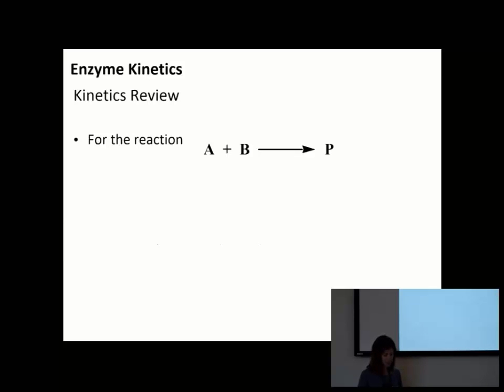My background is drug discovery, pharmaceuticals, so what I used kinetics for is to tell me about the mechanism by which a drug would bind to a protein. Kinetic studies can do that because it's going to tell us about the molecularity of the reaction.